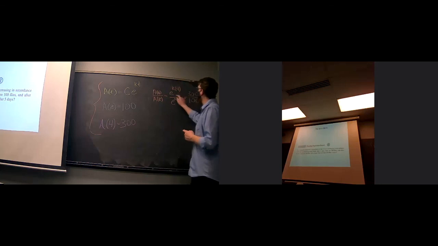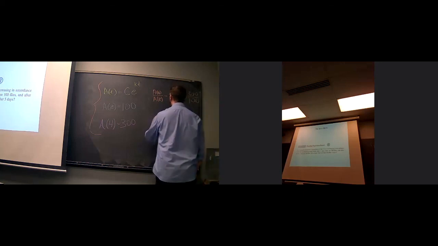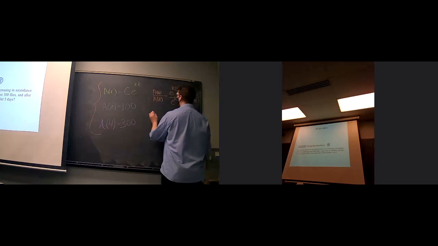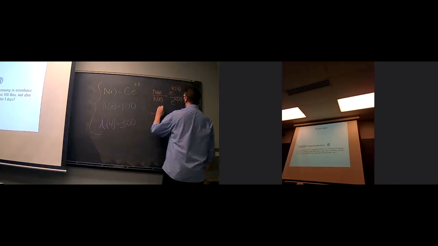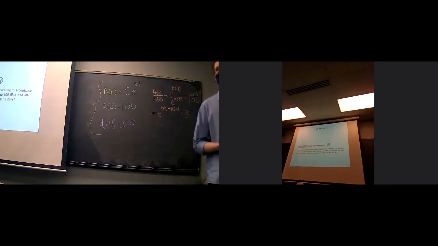Okay, now let's think about these exponents for a second. We can rewrite them, can't we? We could rewrite this as e to the K at 4 minus K at 2. All I've done here is use properties of exponents.